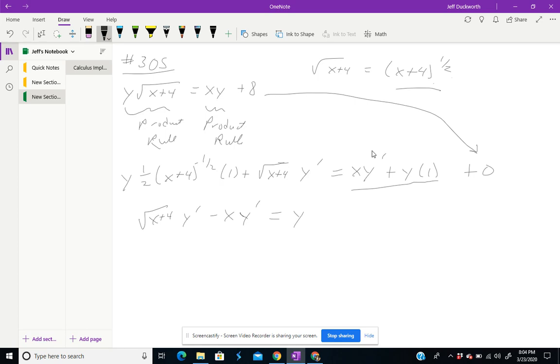And then this other guy is a negative 1, y over 2 times, we'll just take it as root x plus 4, because x plus 4 to the 1/2 power is 1 over root x plus 4.